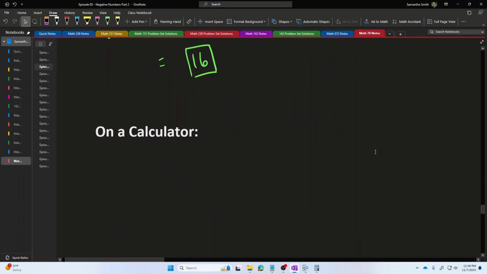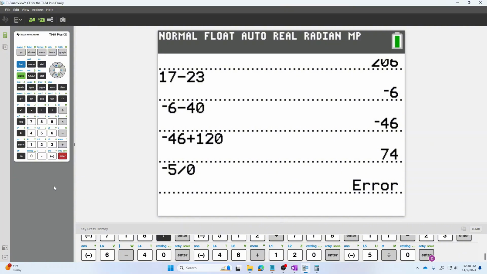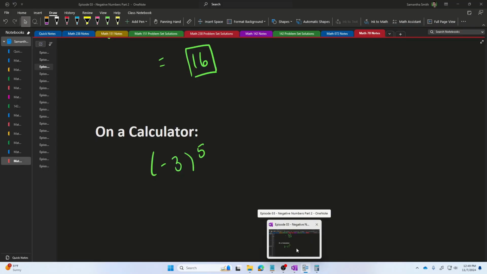Now, if you are working with relatively large numbers, for example, if someone said raise negative 3 to the power 5, you might prefer to use a calculator. So in the calculator, I'm going to type in exactly the same thing that I saw in symbols here.